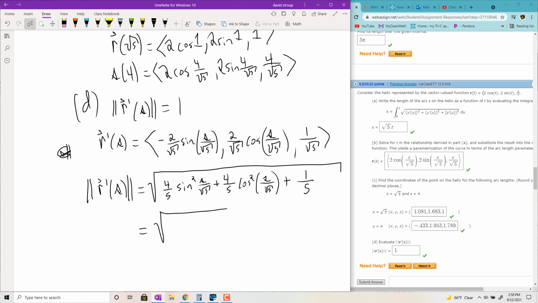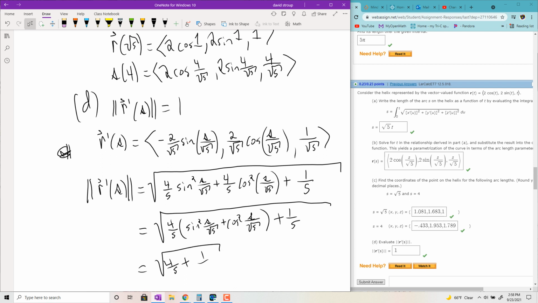Again, you could factor out and take advantage of Pythagorean identities, noting sine squared plus cosine squared is just equal to 1. Plus 1 over 5. So you'd end up with the square root of 4/5 plus 1/5, which is equal to the square root of 5/5. 5/5, of course, is 1, and the square root of 1 is just 1.